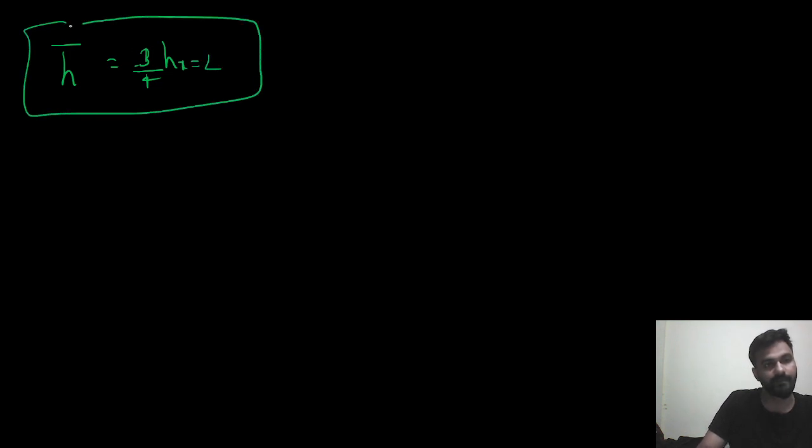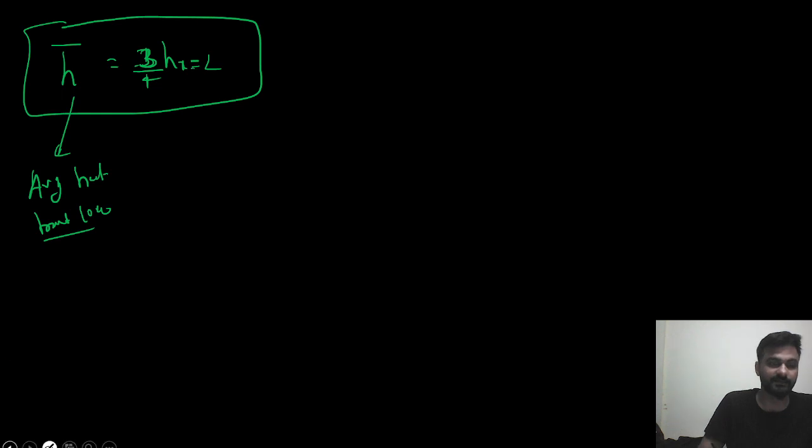So from here we have got the very important relation: h bar, the average heat transfer coefficient, equals 4 by 3 multiplied with the heat transfer coefficient at x equals L. Okay, that is a very important formula that we can get from this correlation.